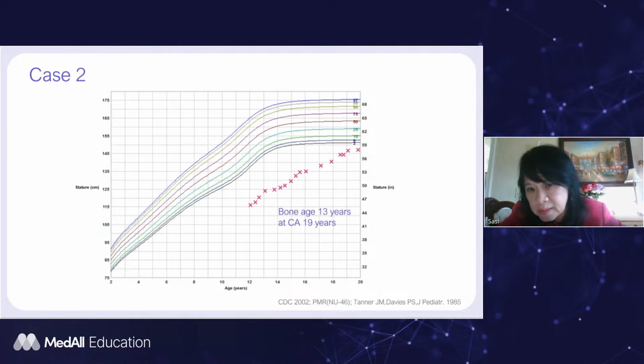But then it plateaued again around age 16, because of her second recurrence. And she continued to have increased growth even well into 18, 19 years old, because of her delayed bone age. As long as the growth plates are still open, they can continue to grow.